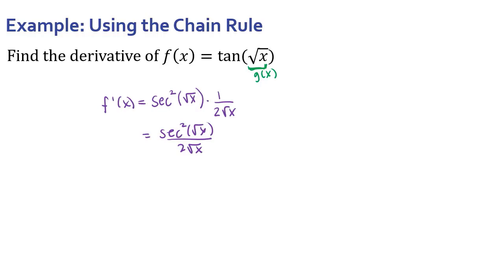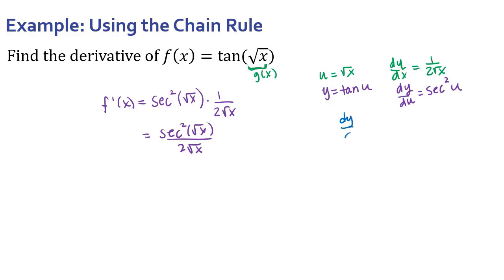So again, if I went through and did this the other way, and you can choose whichever method makes the most sense to you, I'd have u equals the square root of x, y equals the tangent of u, so du over dx equals 1 over 2 root x, and dy over du equals secant squared of u.